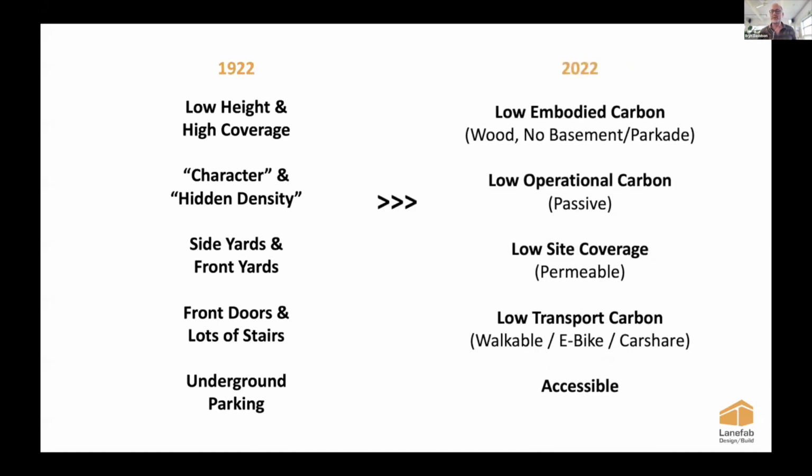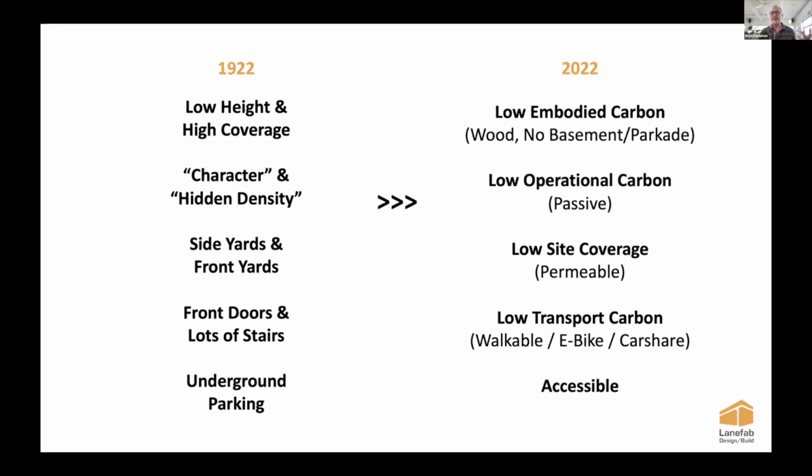But now we're in 2022 and we're wrestling with a bunch of these new issues that they didn't have in 1922, or maybe they didn't think about. So we're thinking both about operational and embodied carbon. We're thinking about transport carbon. Are we walkable? What's the impact of our parking? Do we have some good support for e-bikes and electric cars, those kind of things?